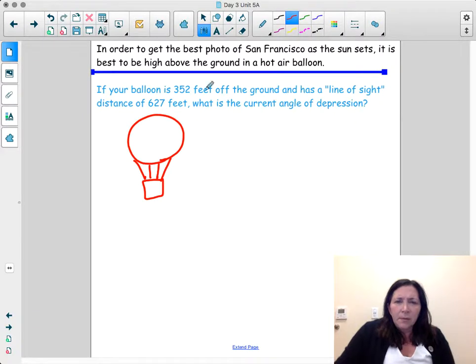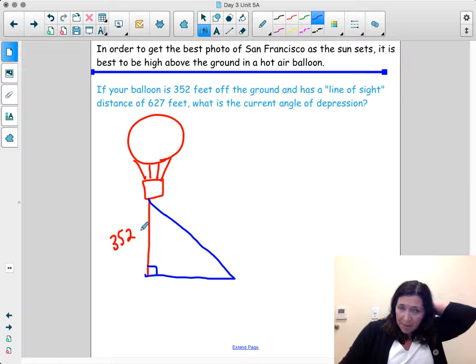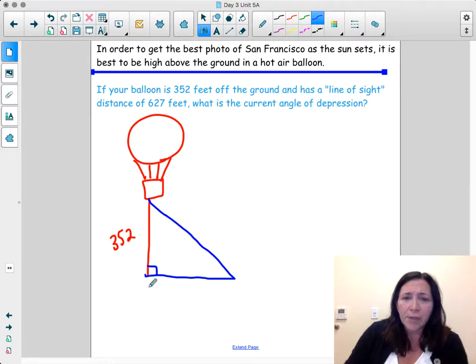What we do know is the balloon is 352 feet off the ground. So there's 352. We have a line of sight. So remember, line of sight, that's that line. And the distance to the base of the balloon is this value.